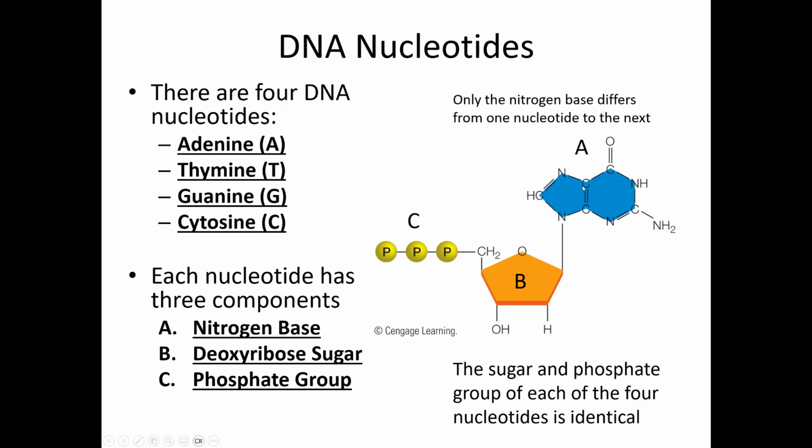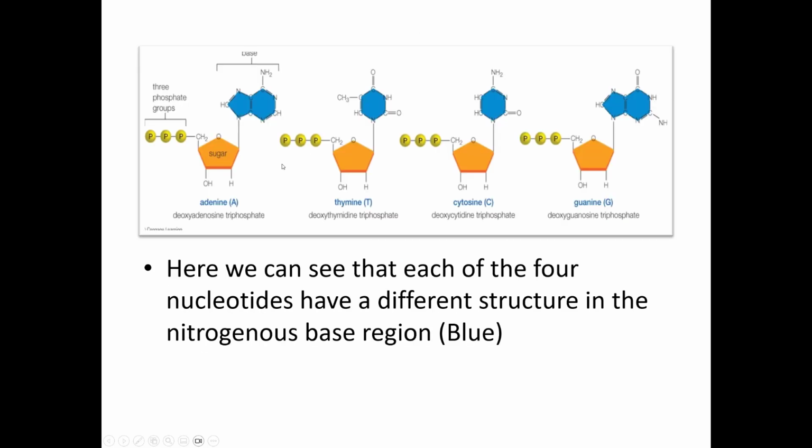While you always have a nitrogen base, the exact shape or configuration is unique to all 4 of these. So you can see that here in this figure. This shows all 4 of the letters A, T, C, and G. If you study this figure carefully, you will find, as I mentioned, that the sugar and the phosphate group is identical on all 4 of these.